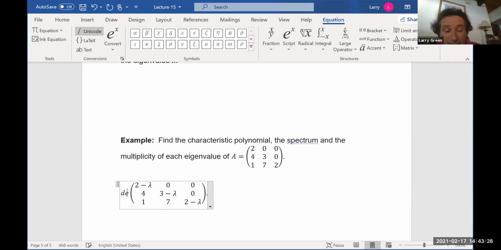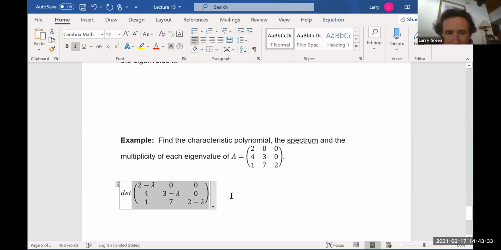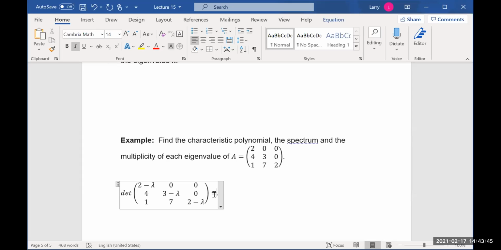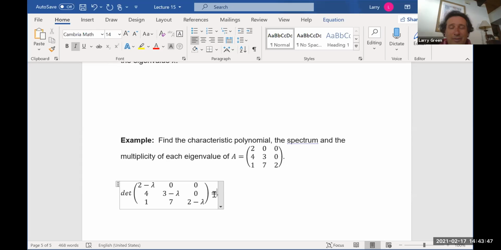And then I want to take the determinant of that matrix. Any questions so far? Why is this a really easy determinant? It's an upper triangular matrix. When you have a triangular matrix, you can multiply the diagonals.